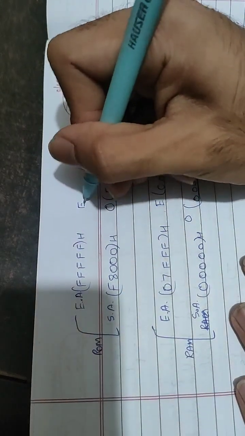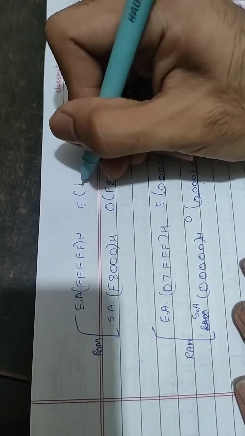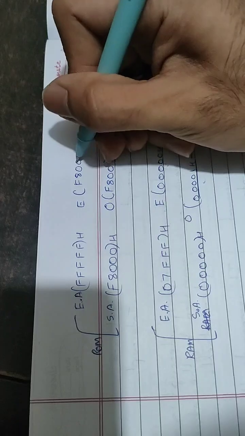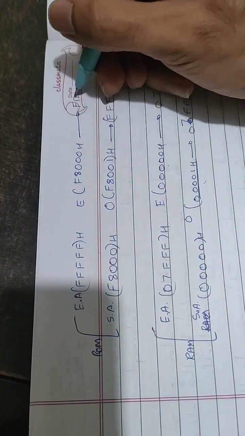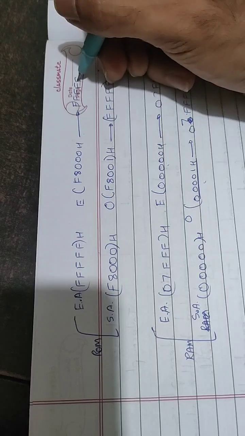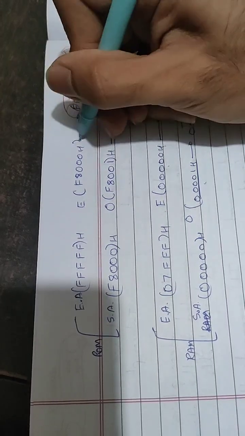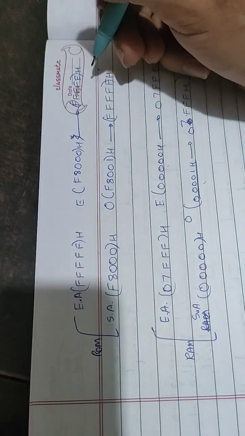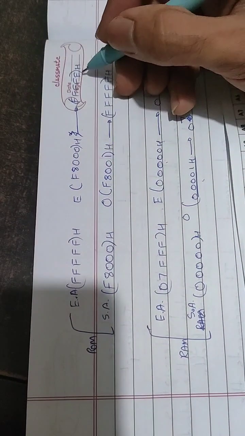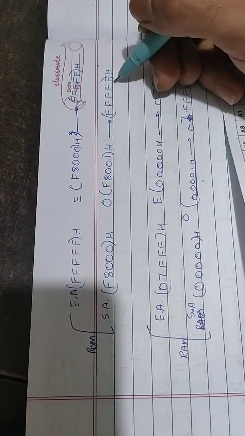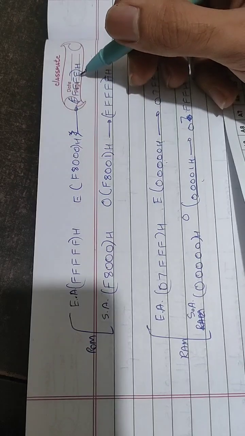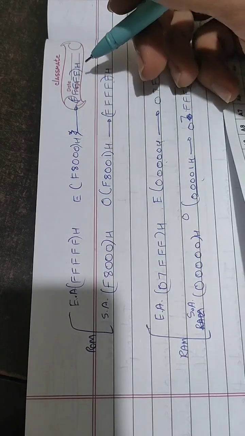And for our even bank, our address will go from F8000H to FFFFEH. Okay, because that's even. It's one less, no? This is odd because this is ending with 15. This is ending with E, which is 14. 14 is even.